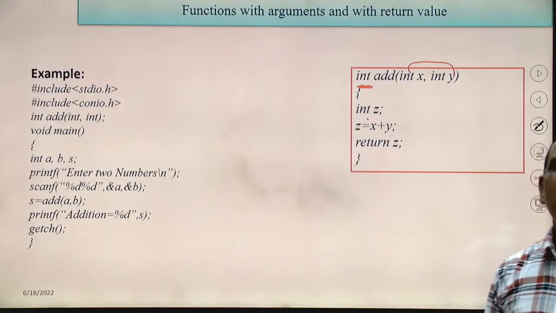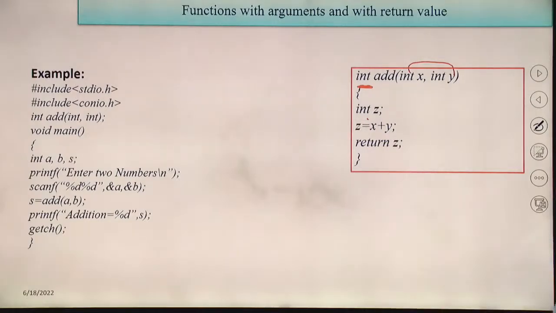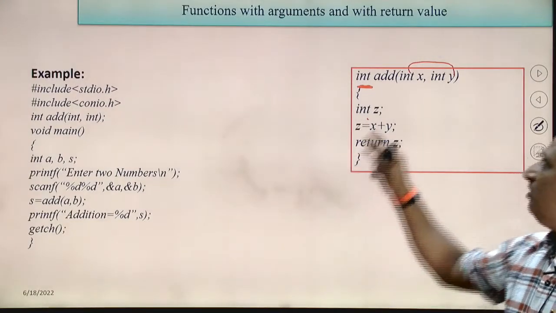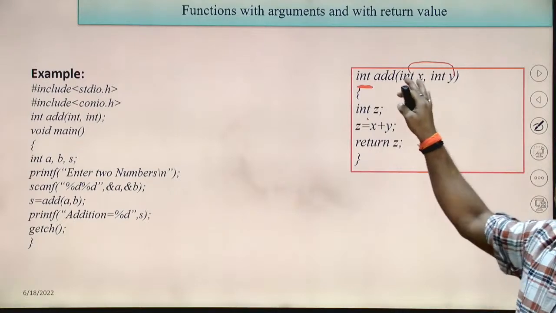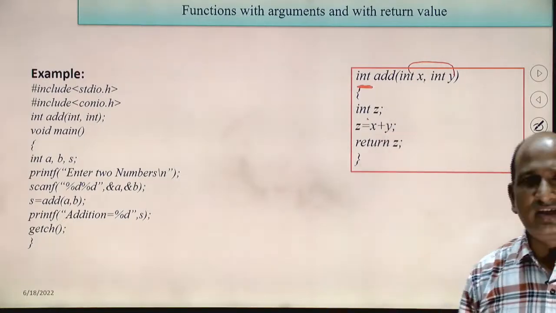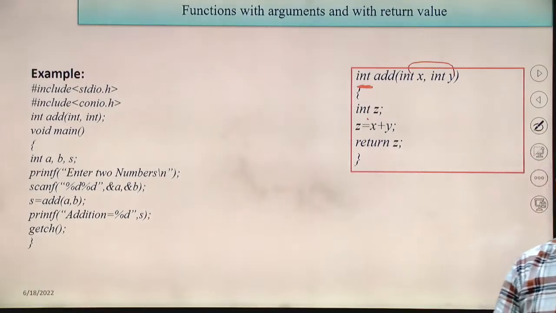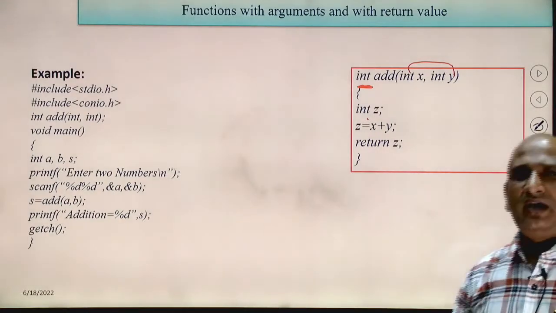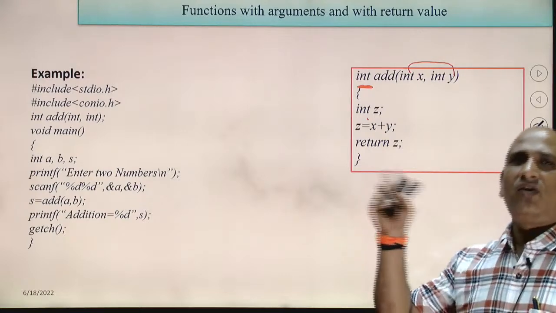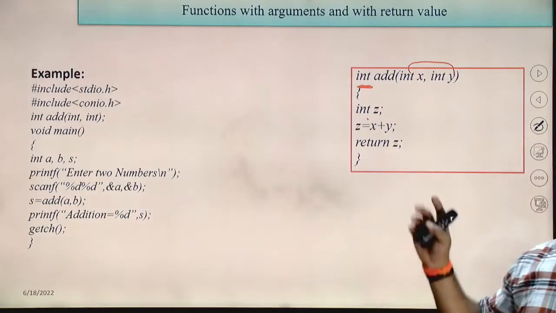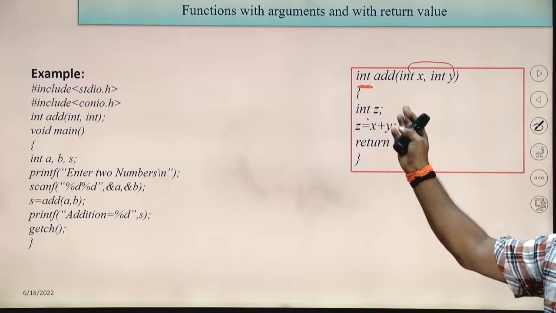The calculation will be performed on those formal parameters, that is, they will be added and the result is returned. This function has to perform only the addition part, it need not take the input, because the input will be passed by the function that calls it.